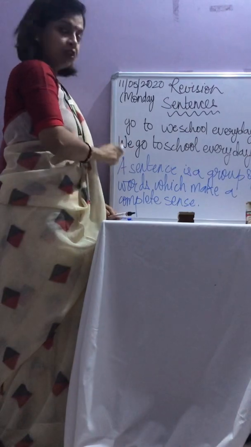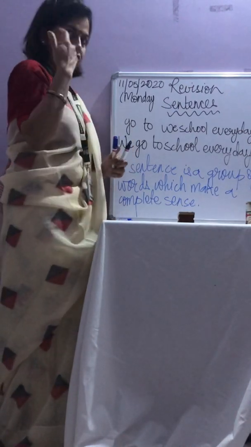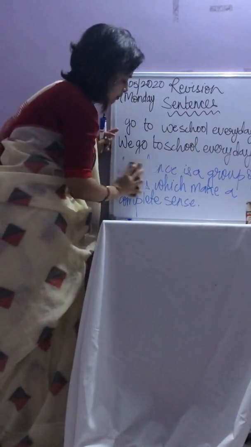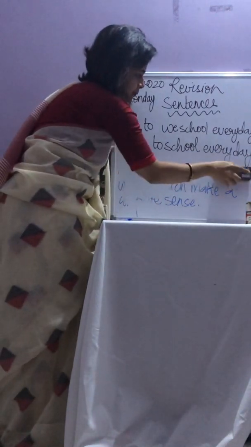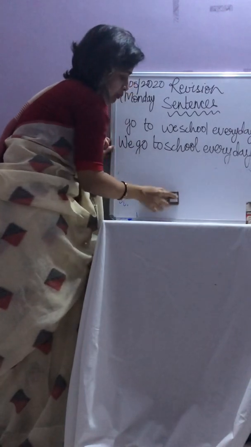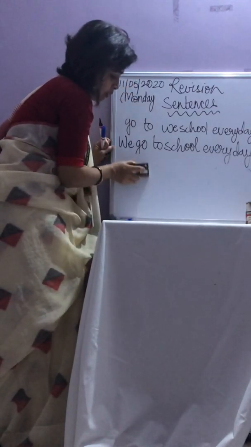So that is your first rule, what I had taught. If you can recapitulate, if you can remember what I had taught. Now, what is the second point? Okay, you must remember. I am just doing a revision so that you will not forget the topics that have been taught.